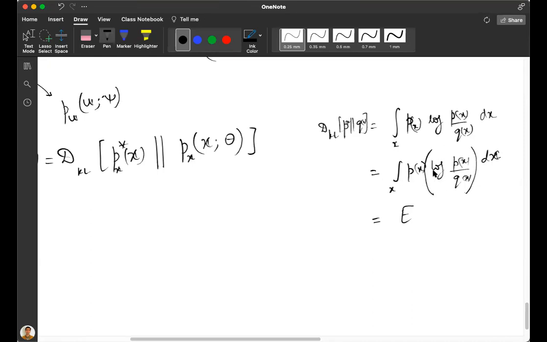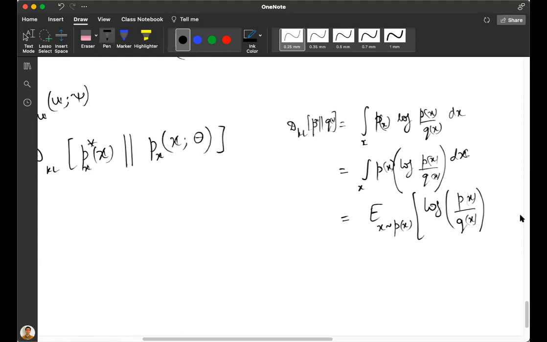Whenever you are multiplying px with a function of x, then this thing is an expectation of that thing. Are you familiar with this? This is just by definition, an expected value. Just a way of writing.